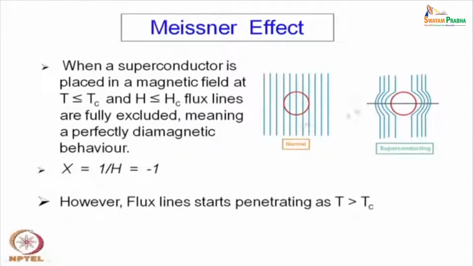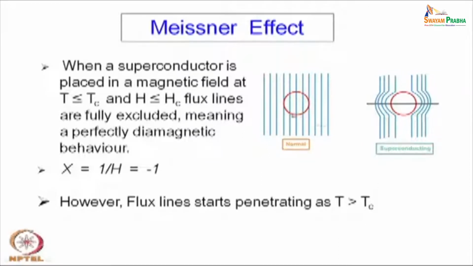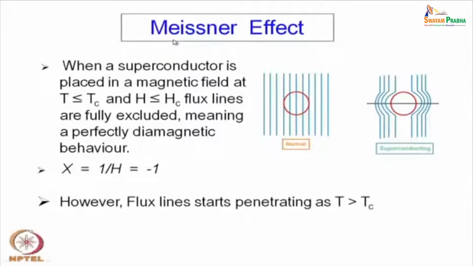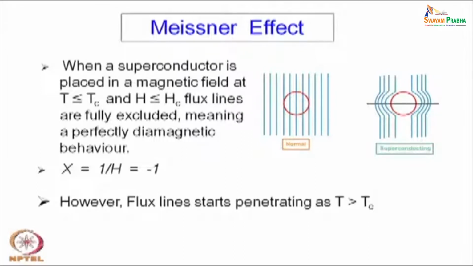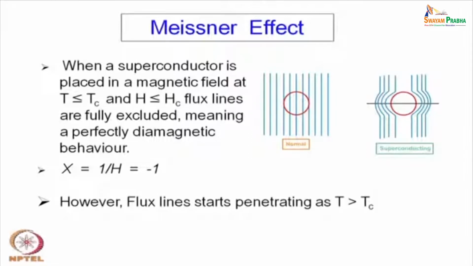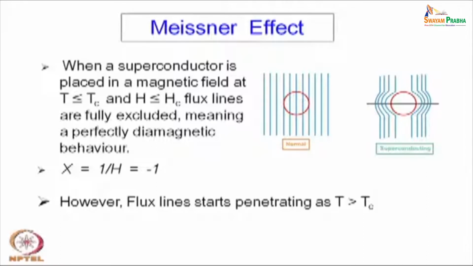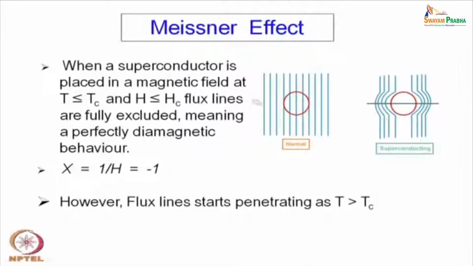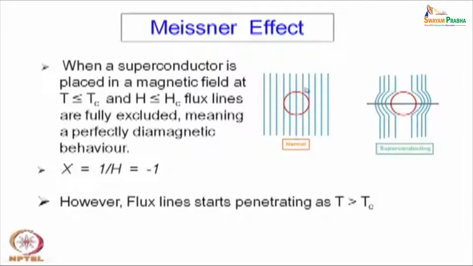That is also another important aspect of superconductivity. This particular effect, the observation of diamagnetism in a superconductor, is known as the Meissner effect, named after the scientist who discovered it.